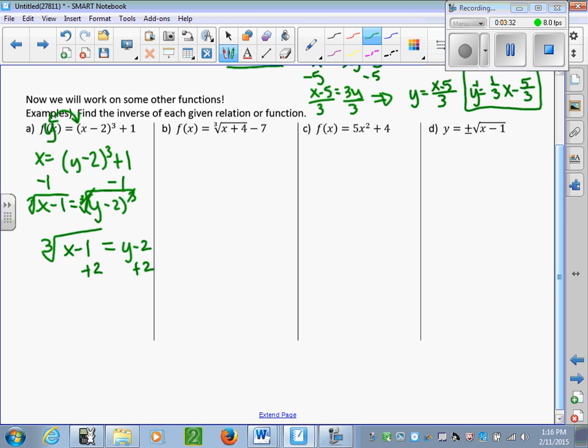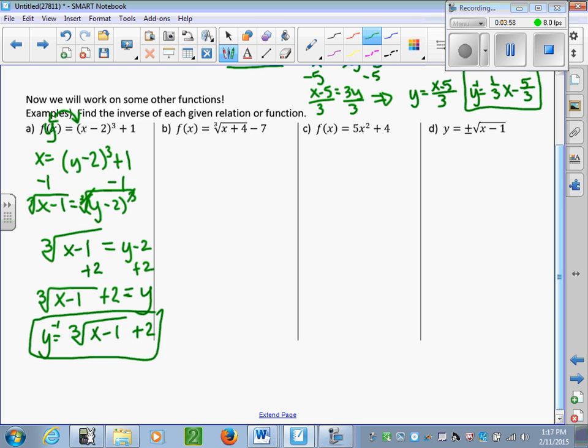I end up with the cube root of (x minus 1) plus 2 outside the radical, equals y. Let's switch this around and put the y over here because that's how we're used to seeing it. y equals the cube root of (x minus 1) plus 2. And this is the inverse of the original function.